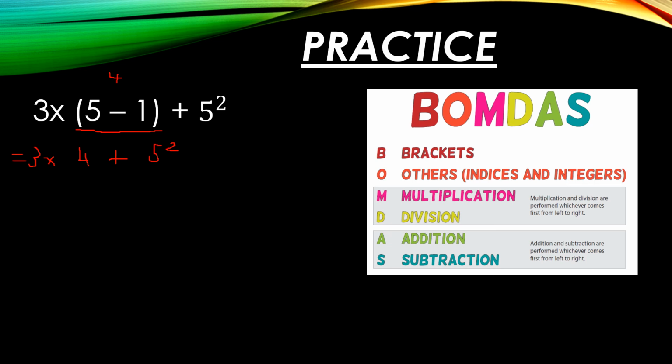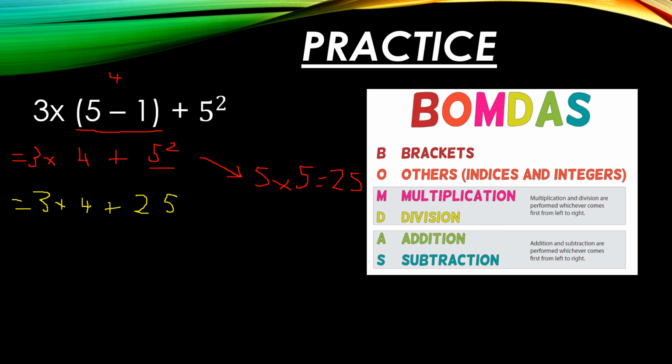The second part that we need to break down in the list is the indice, or the other, which is 5 to the power of 2. So I'll do this over to the side here, so it makes it a little bit neater. That means that we need to times 5 by itself twice. So 5 times 5, which equals 25. So now if I rewrite the question, we have 3 times 4 plus 25.